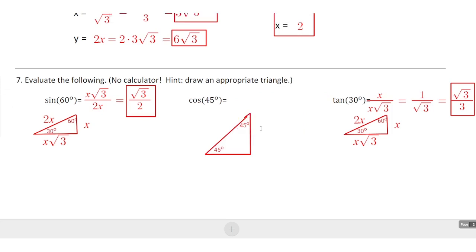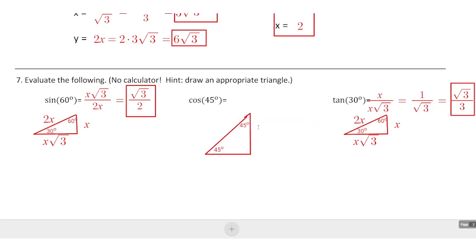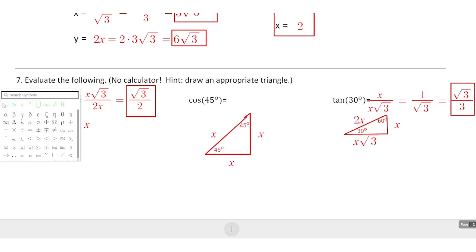The ratio for these side lengths is going to be x to x root 2. Sorry, it takes a little bit of time to type all that out.